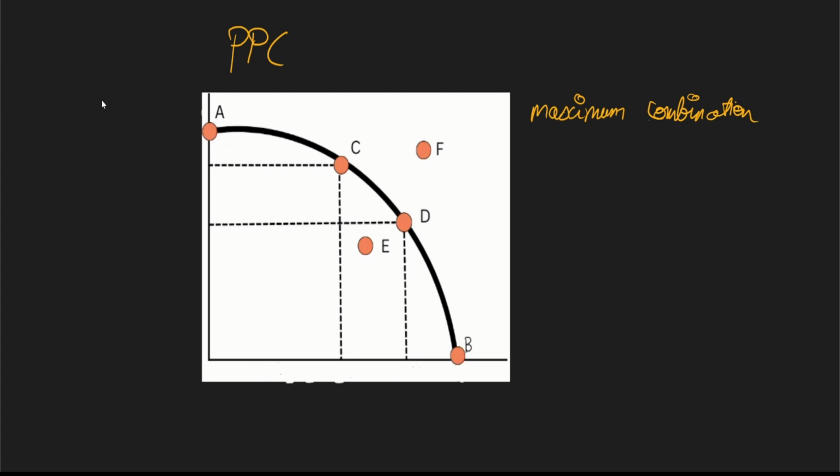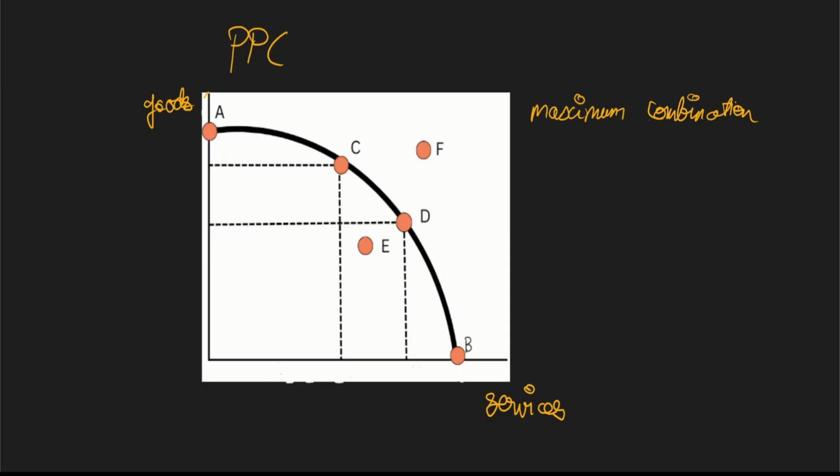So here, usually we take goods on the y-axis and services on the x-axis. So let's do that here. So now we're going to look at interpreting this.